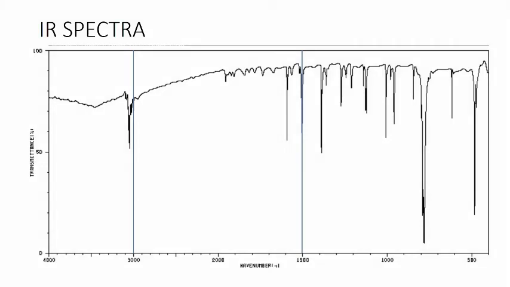Every time we interpret IR spectra, first we need to draw a line at 1500 and 3000. The region below 1500 we call the fingerprint region. Normally we ignore this region because it is much more difficult to find the individual bonds in this region than the region with higher wave number.